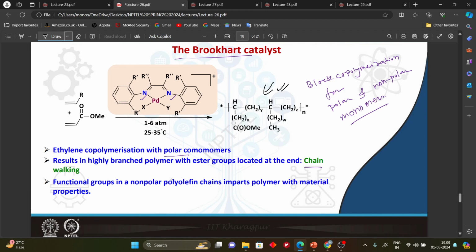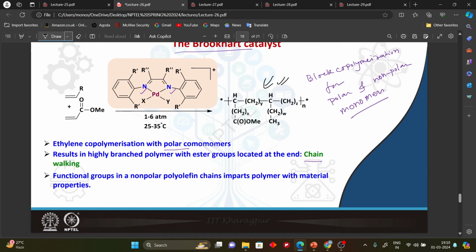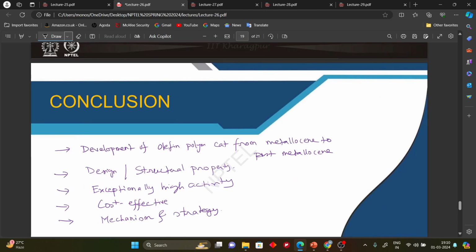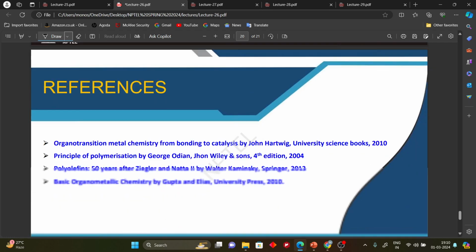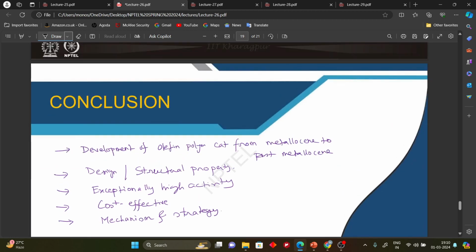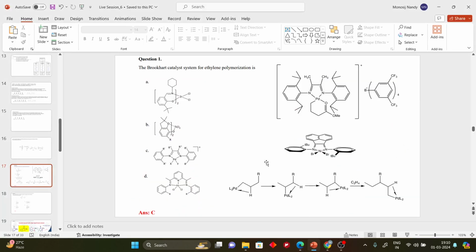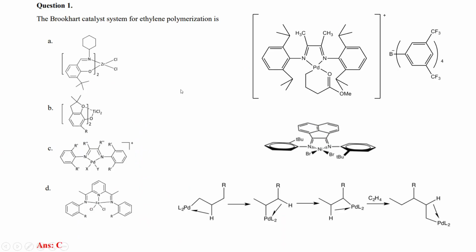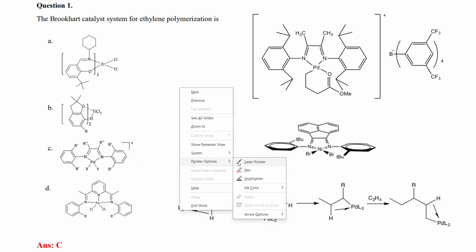And functional groups in non-polar polymer affect the material property. So yes, ultimately you are going to have properties you can manipulate so that you can use them. So this is your chain walking polymerization. Now let's go to the next question.